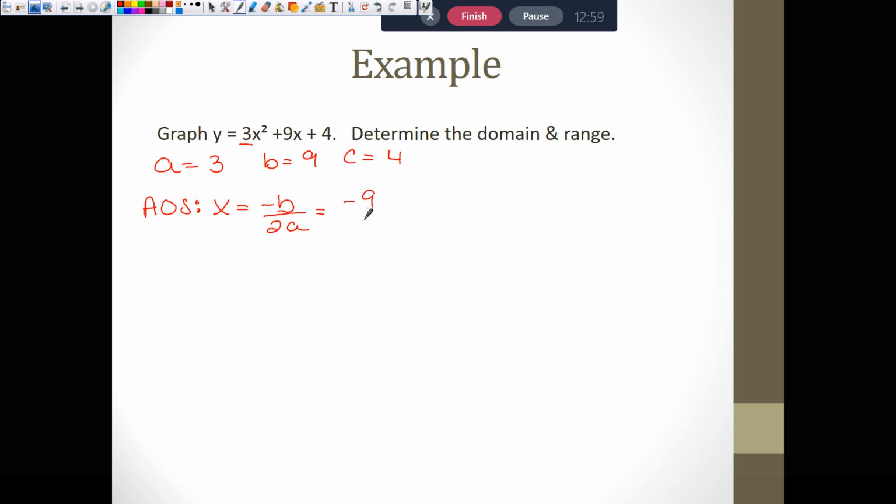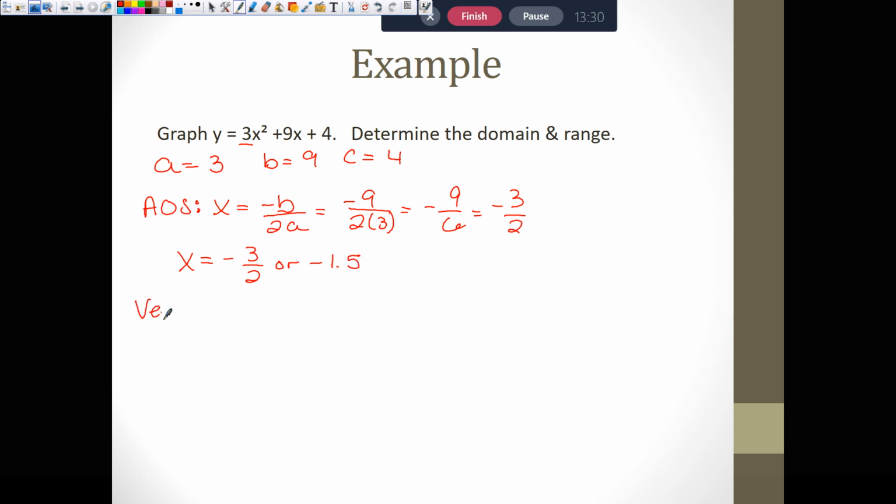So, -9 over 2 times 3. -9 over 6 equals -3 over 2. So x equals -3 over 2, or we can say that it's -1.5.